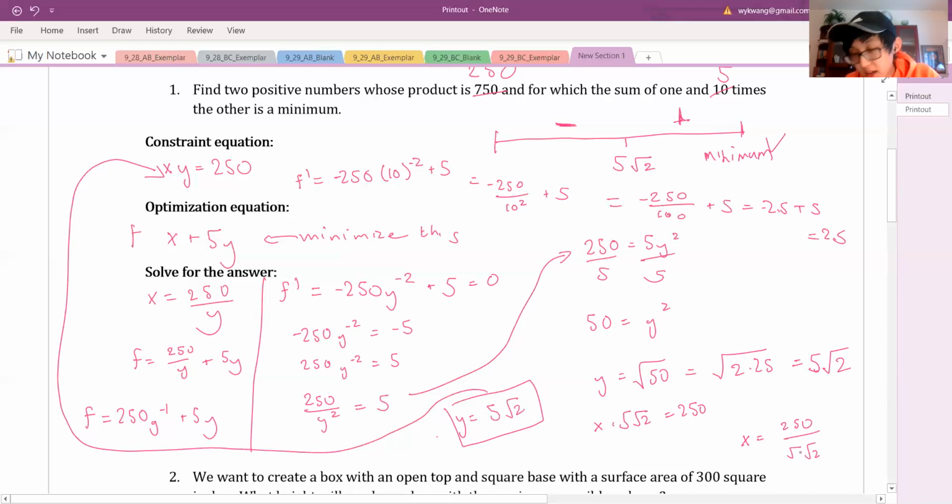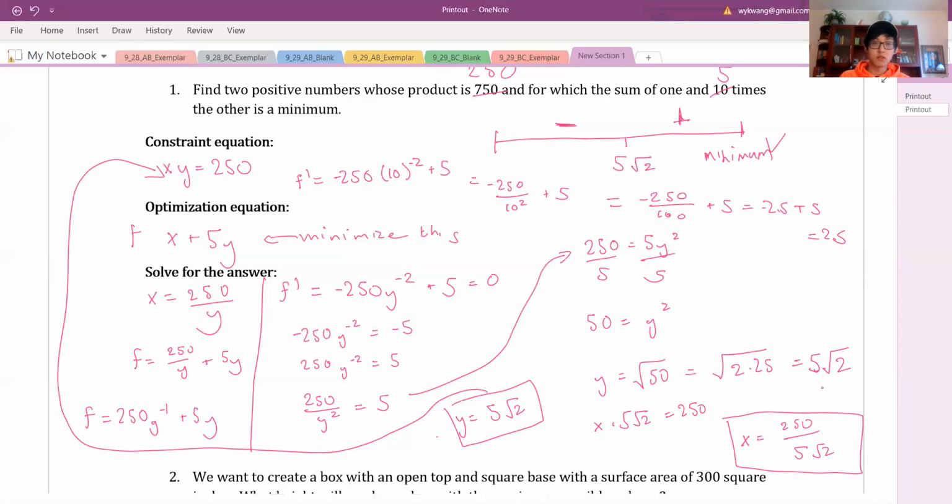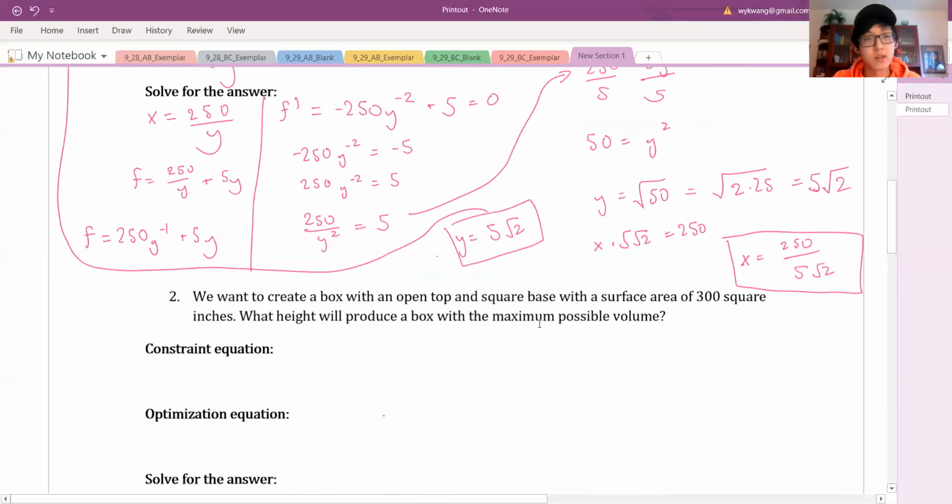Sorry, that is a terrible 5. Cool. So yeah, y is equal to 5 root 2, x is equal to that. I did not calculate that out, but that is our answer.